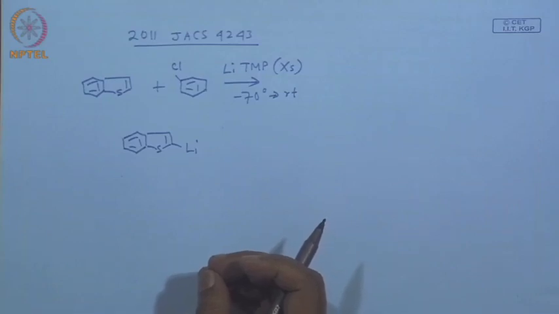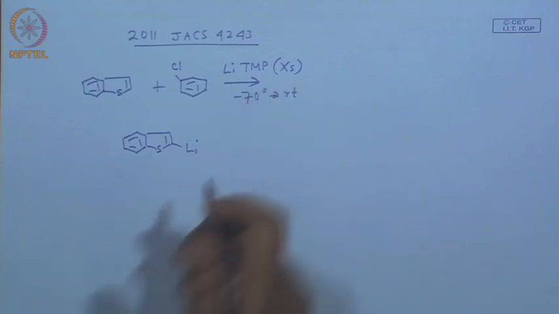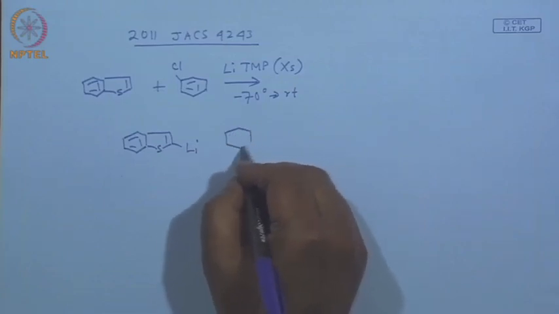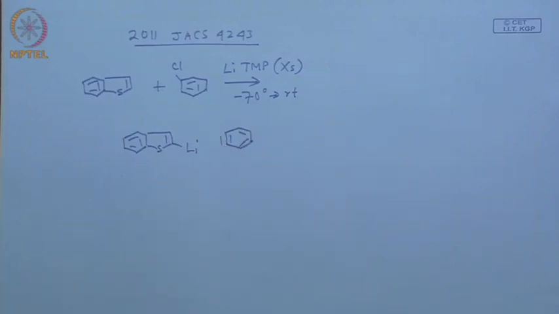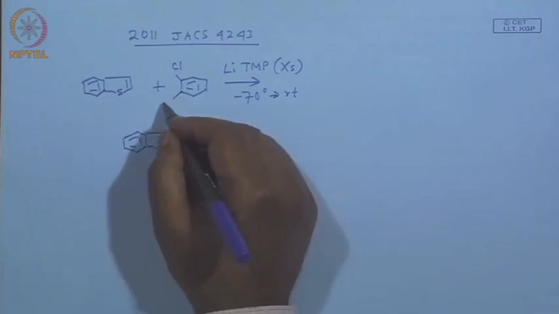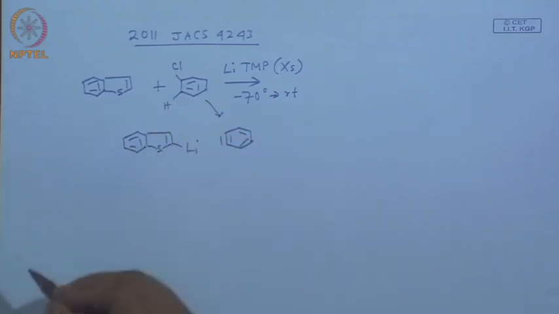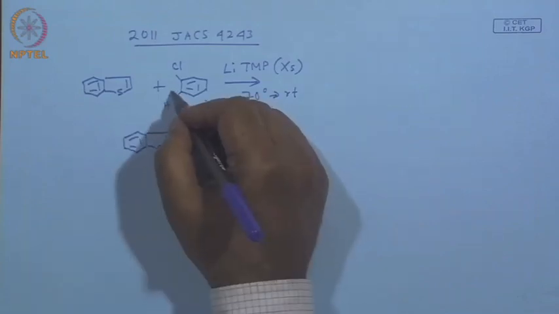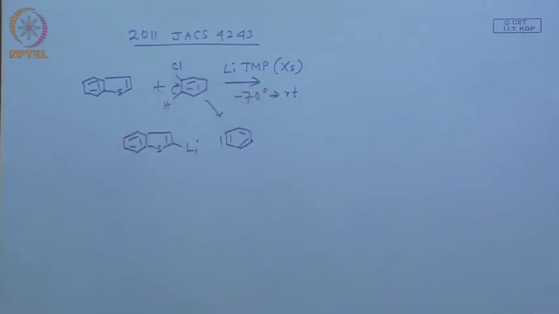What next? That we can say, because we have excess, so we will have, now we can see once again a deprotonation. This one also is driven by the deprotonation and the chlorine is expelled. So, benzyne formation takes place. What next? All of us know benzyne is an electron sink, it can accept electrons.